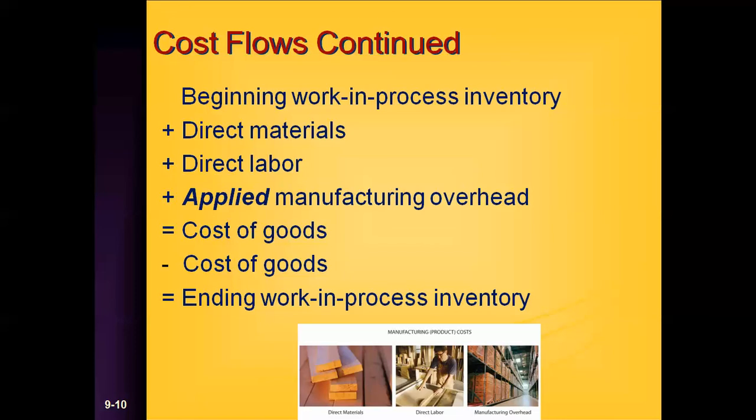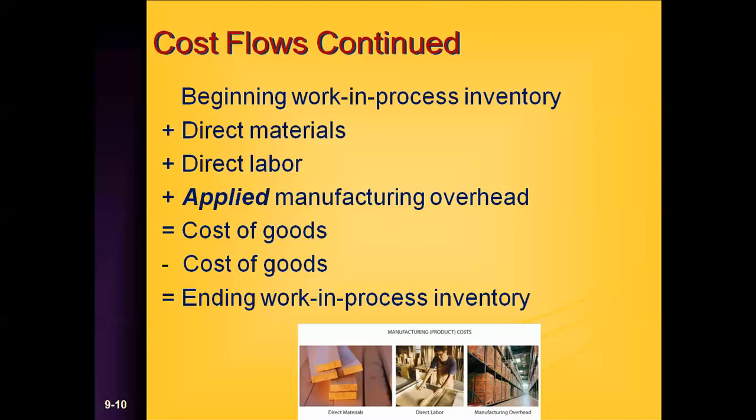Then you would add direct materials that were used in the production process. You would also add direct labor, which was used in the production process. And then you've got to add that manufacturing overhead. Again, manufacturing overhead are those particular costs that aren't directly related to the product. That could be the factory utility costs, the director of manufacturing salary, those types of things.